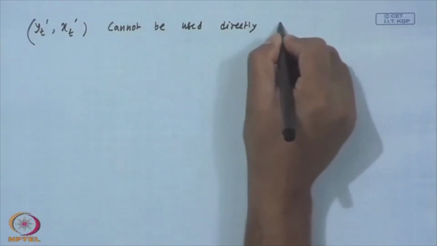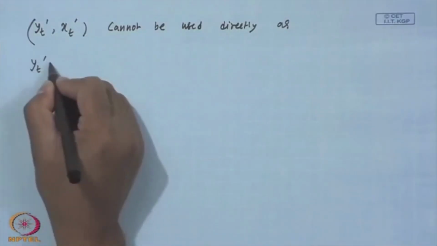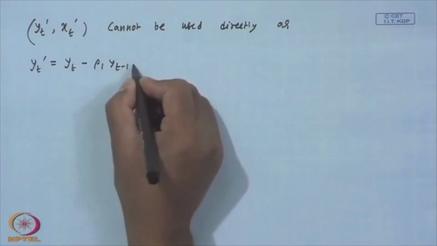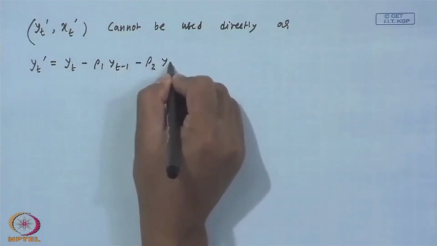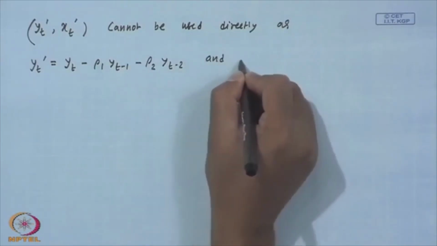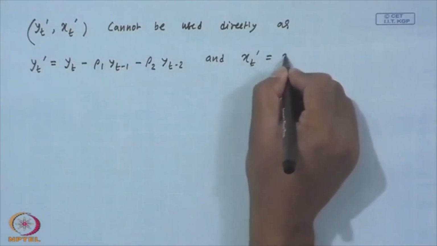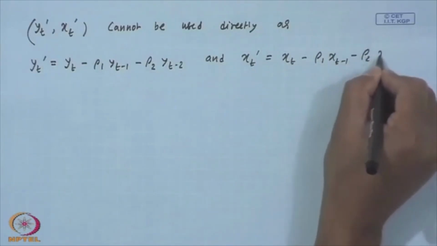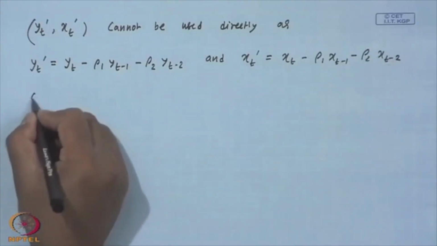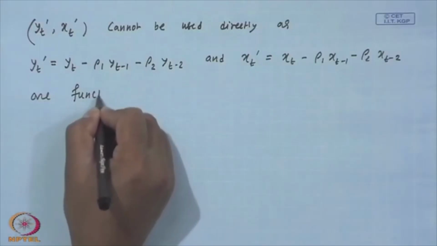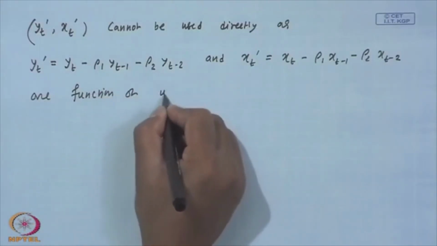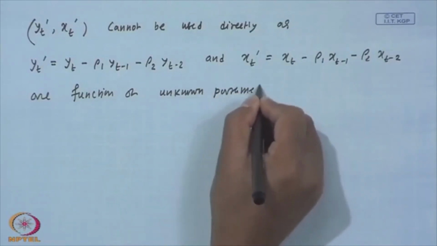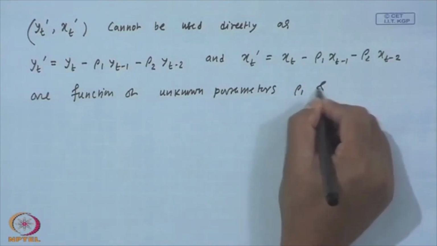directly as y t prime, which is equal to y t minus rho 1 y t minus 1 minus rho 2 y t minus 2, and x t prime, which is equal to x t minus rho 1 x t minus 1 minus rho 2 x t minus 2, are functions of unknown parameters, rho 1 and rho 2.